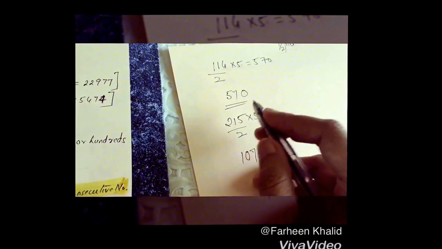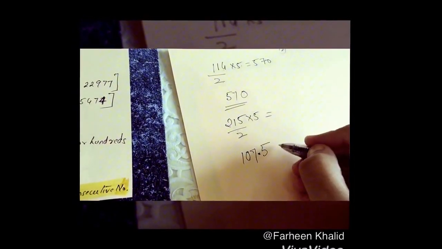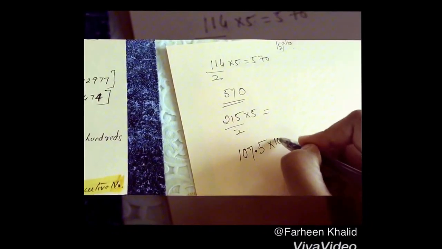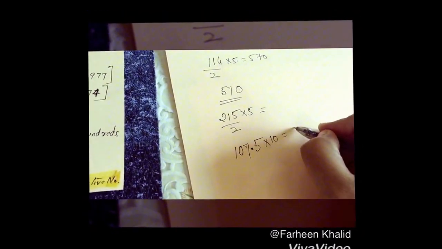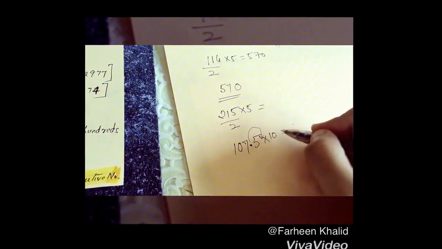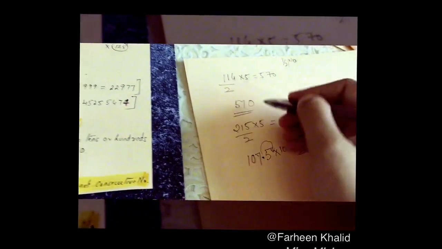You put a point, and then you have 2 times 5 is 10. Okay, so 107.5. The next step is to multiply it by 10. So you just move the point by one space, because you have just one 0 here. So it's 1075. That's the answer.